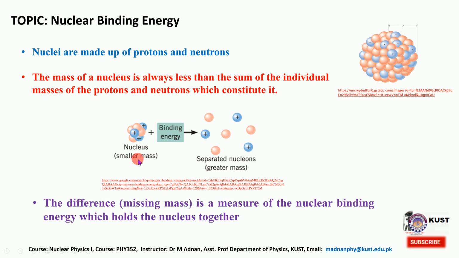So, one can say that the difference of the mass, that is the missing mass, is the measure of the nuclear binding energy which holds the nuclei together. So, the question is that some mass is missing, and that appears as an energy.